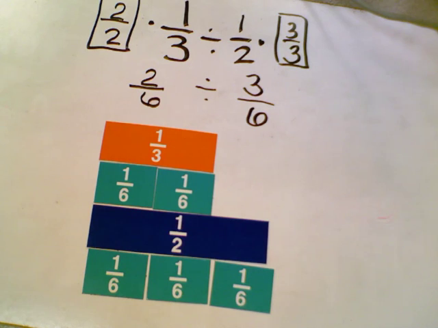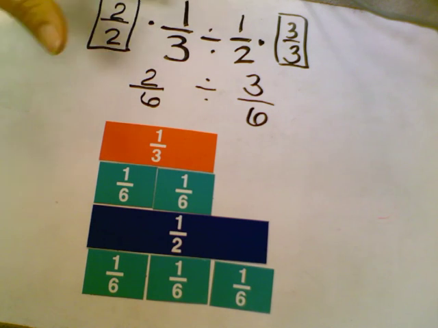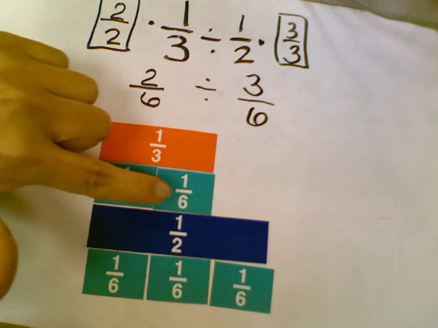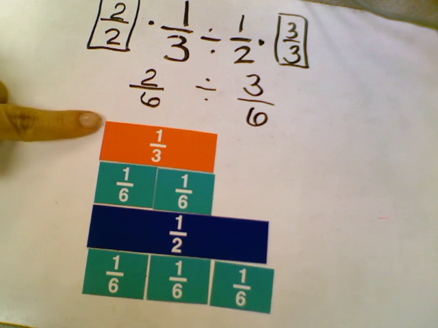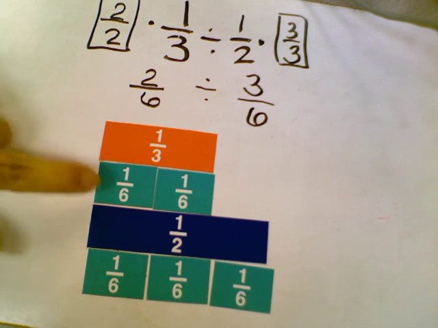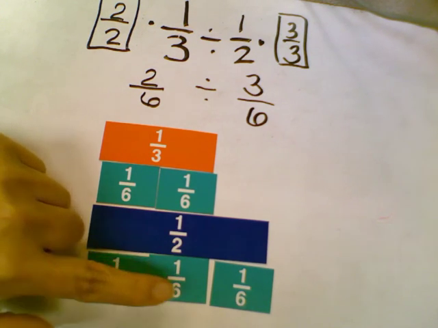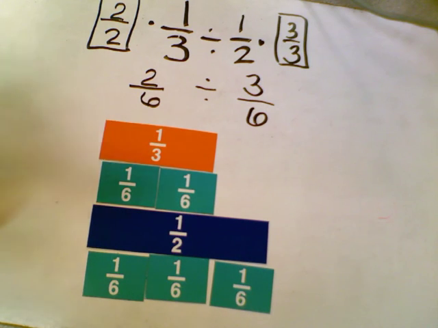Now we can go ahead and do our problem, and what you notice is if we wanted to divide a half into a third, we notice that 2 out of the 3 sixths that make up the half fit into the 1/3. One more time, watch. 2 out of the 3 1/6 fit into 1/3.